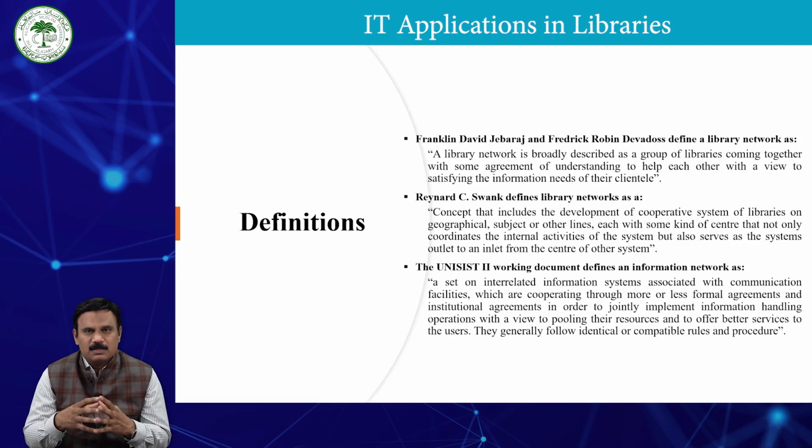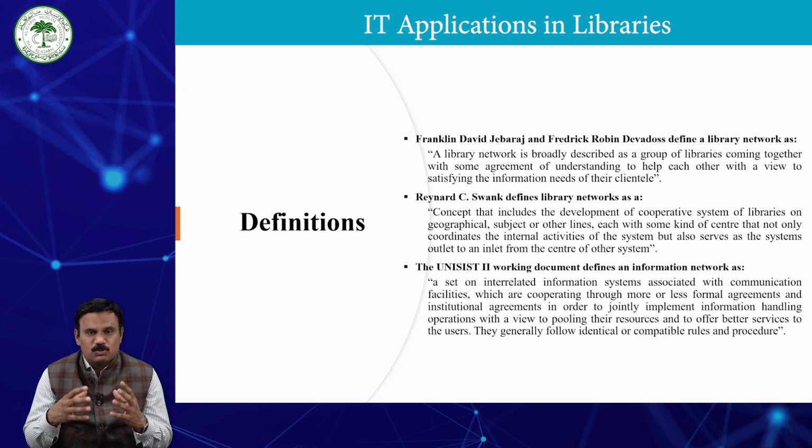Learners, now let us see some definitions of library networks given by various agencies and others. Franklin David Jaharaj and Frederick Robin Devados define a library network as, quote, a library network is broadly described as a group of libraries coming together with some agreement of understanding to help each other with a view to satisfying the information needs of their clientele.